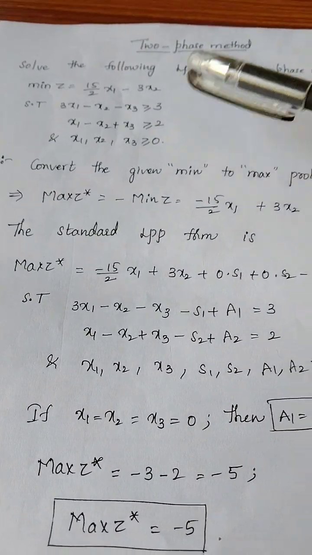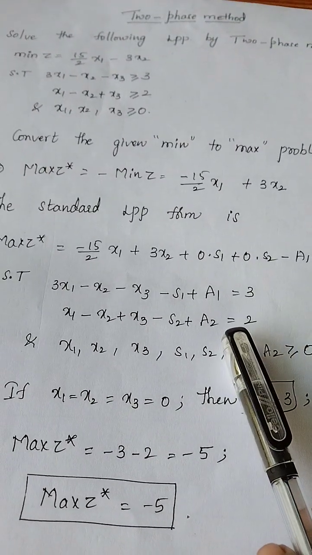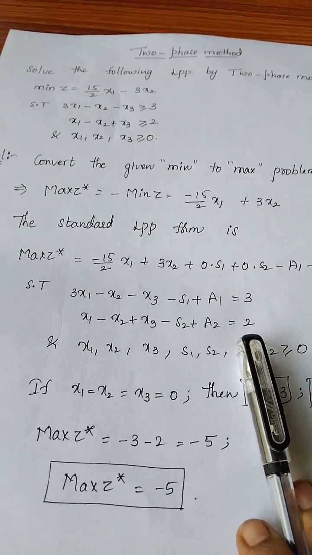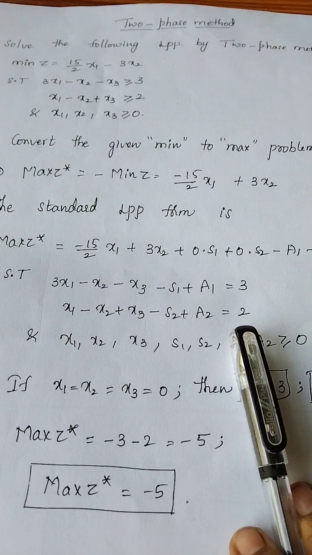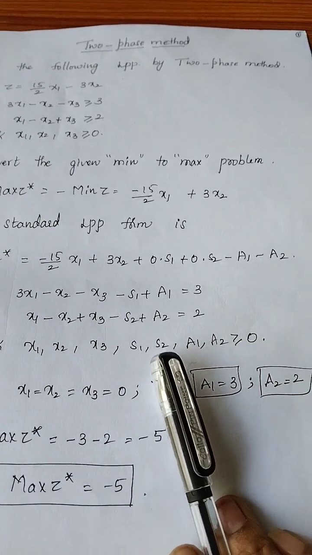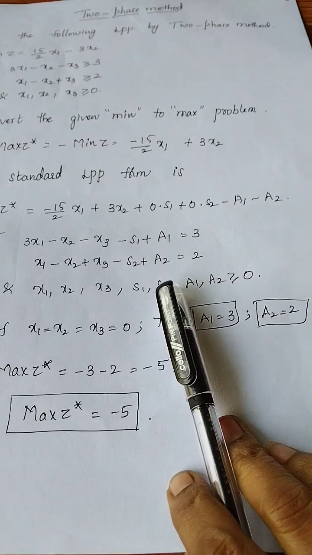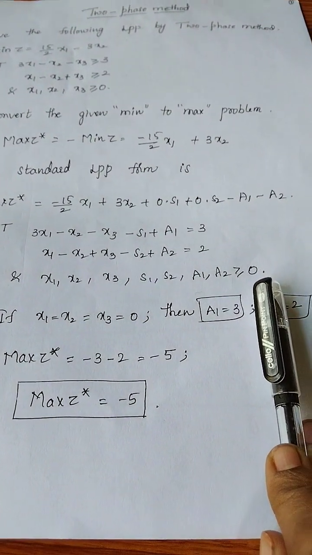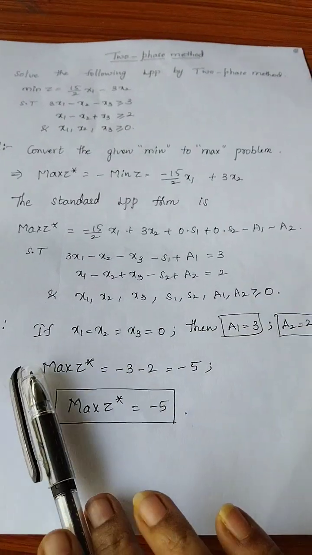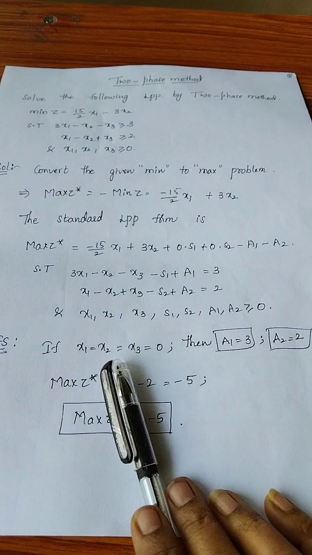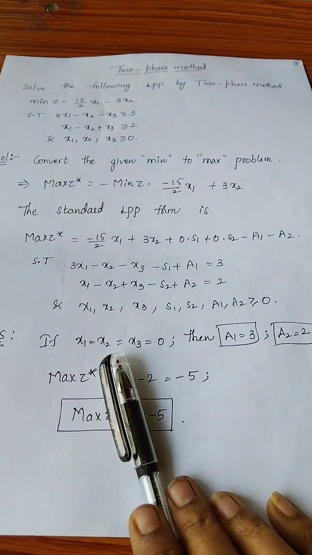So this will be your constraints. We are going to make them equality constraints. Whatever the decision variables, surplus variables and artificial variables are, you are supposed to take them as positive.